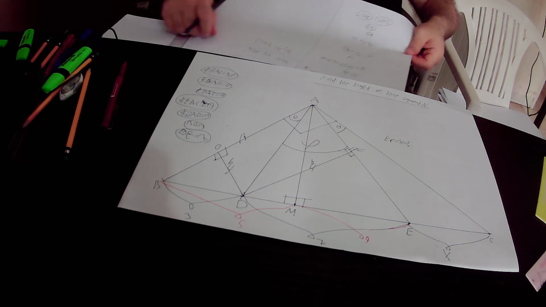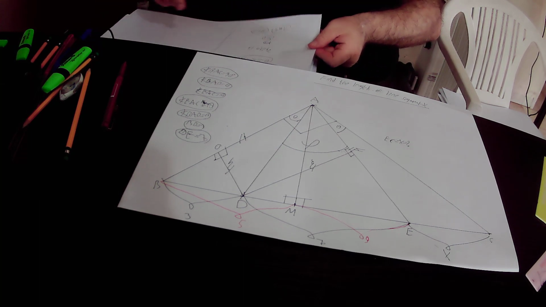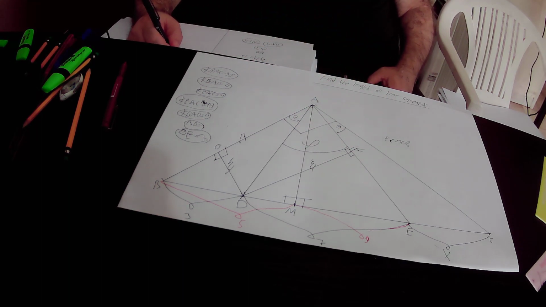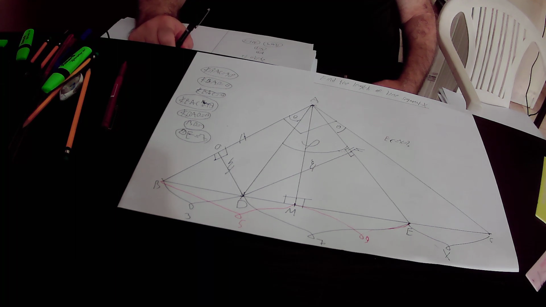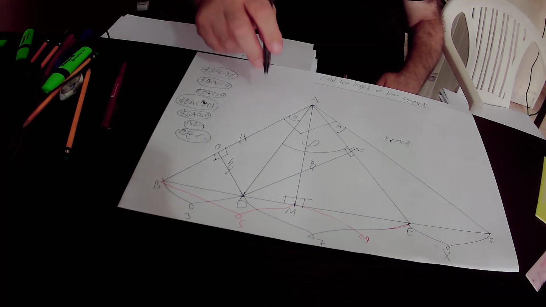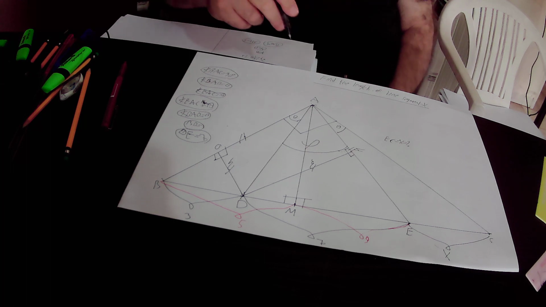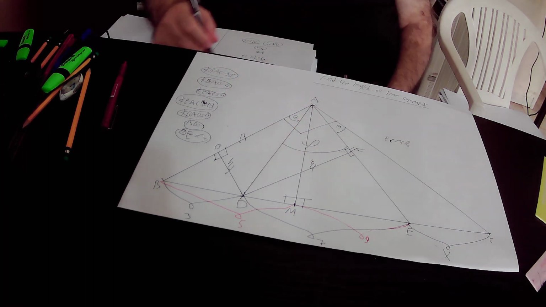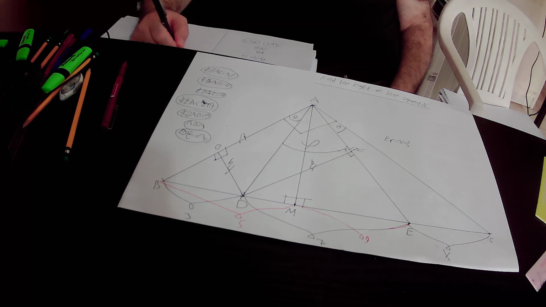We just found out that BM equals ME equals 5 units, and we also have a common side, AM. AM equals itself; it is a common side that belongs to both triangles.